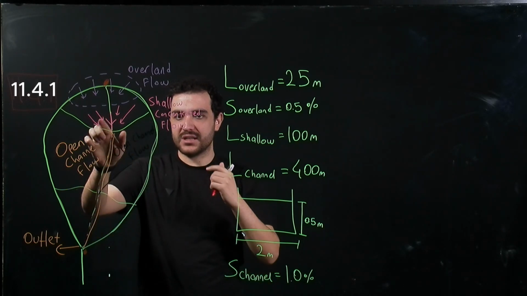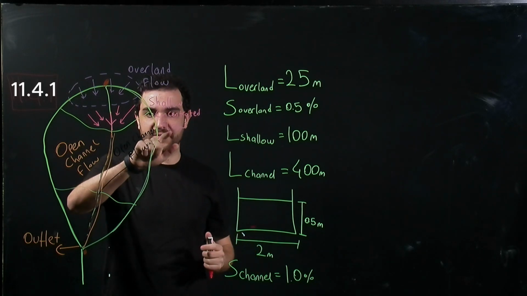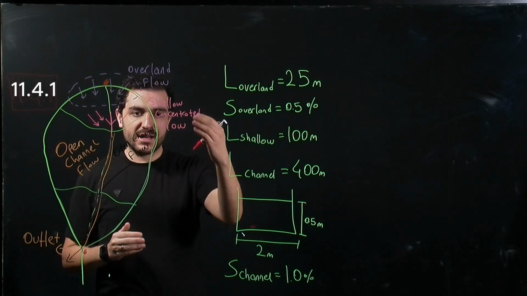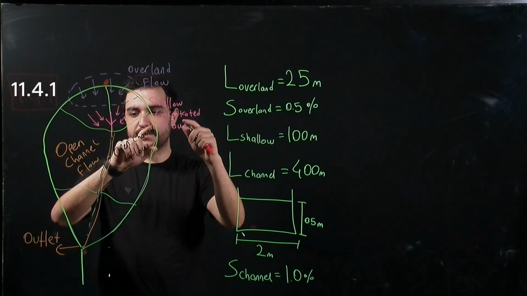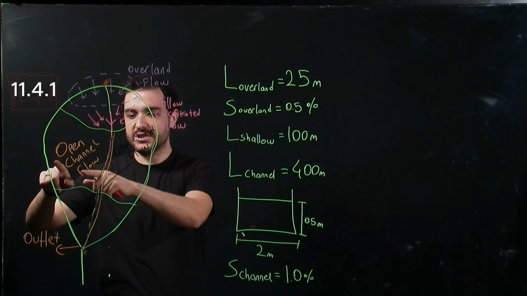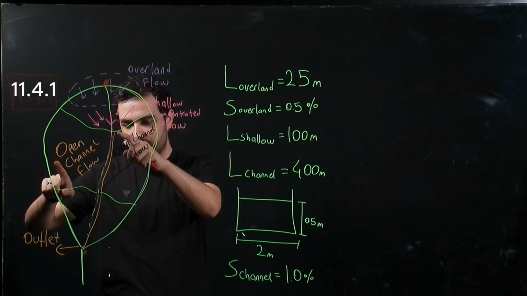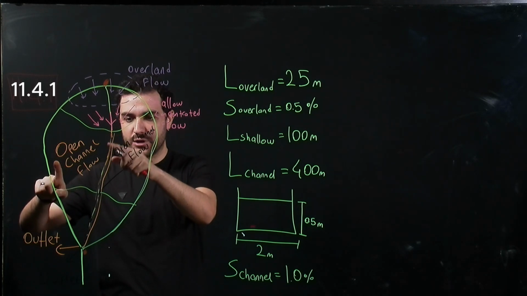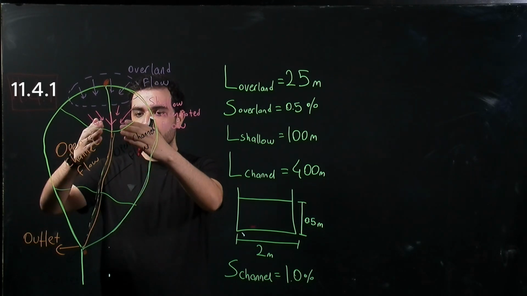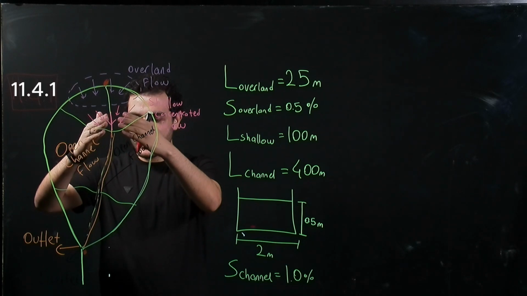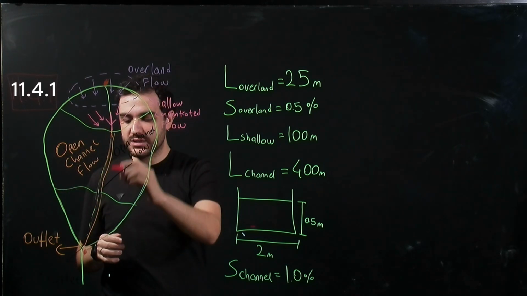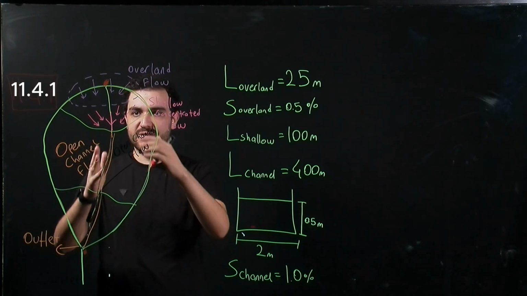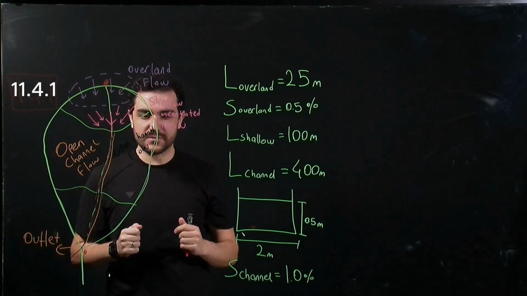So in this channel, we will have shallow concentrated flow. And after that, this stormwater is picked up by the open channel flow here, which is highlighted by orange. So this open channel flow will move water from this point to the outlet. Therefore, we will have these 3 different flows.